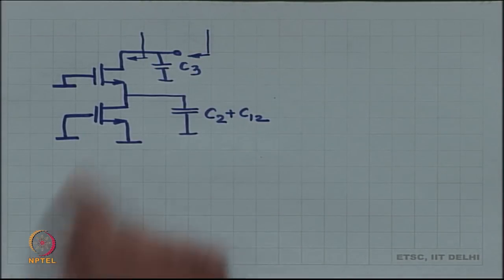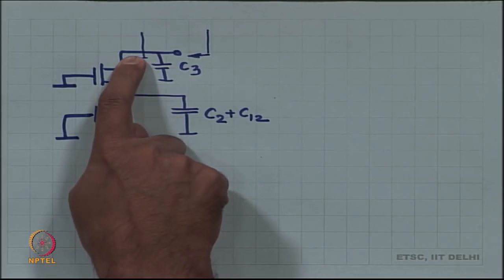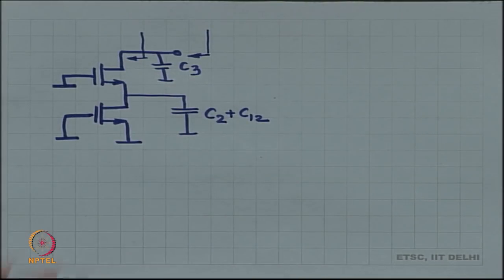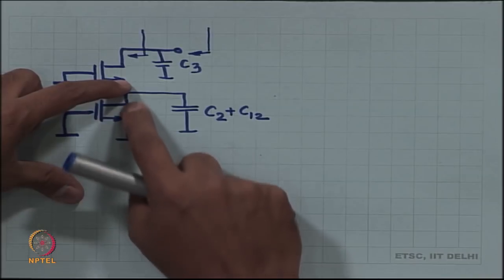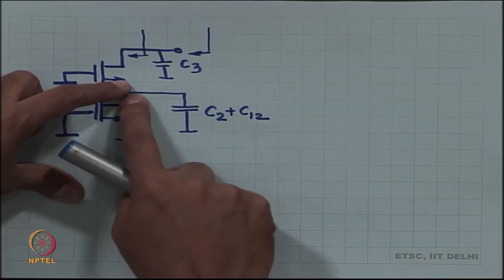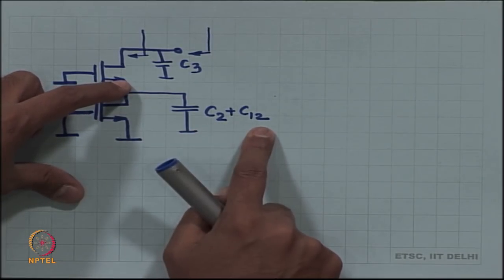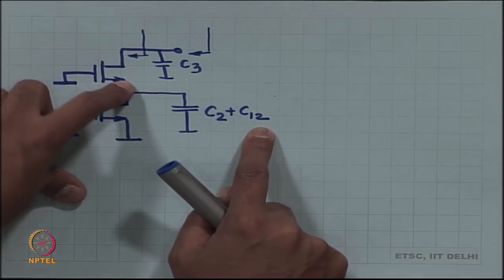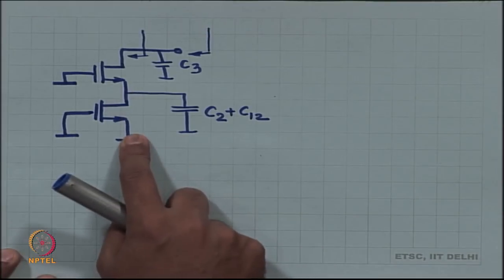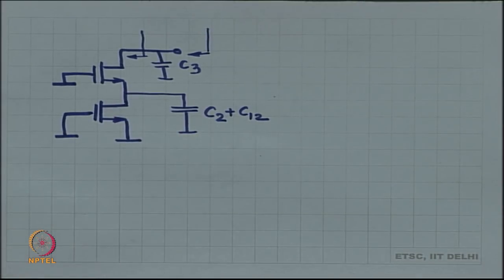What else is there? What else is there looking into the drain? It is the same formula. The source is now terminated with RDS1 in shunt with C2 plus C12. Instead of being terminated just with RDS1, now you are terminated with RDS1 in shunt with C2 plus C12. And let us see if we can write the expression by inspection.